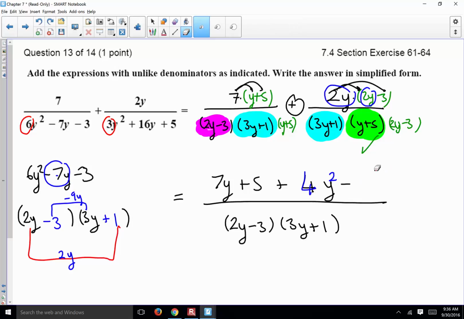It makes minus 6y. Alright, that's 2 of the mistakes. It should be 35 instead of 5. Right, 7 times 5 is not just 5. I forgot multiplying by 7. It's 35. That's the third mistake.